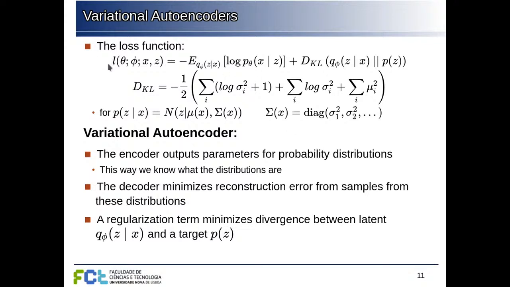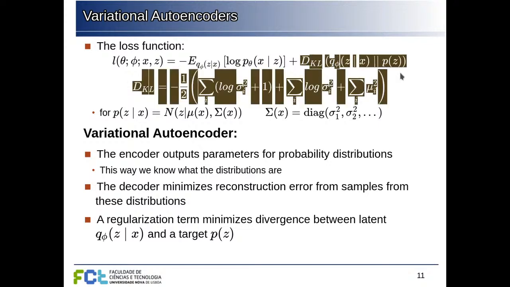So the way we are going to do this is to change the loss function. We have here the reconstruction penalty. So basically we need the decoder to get back the same input, the same X in the autoencoder when we're training.